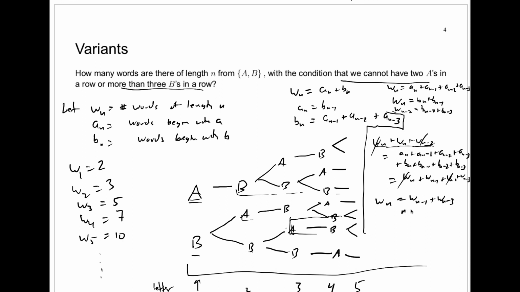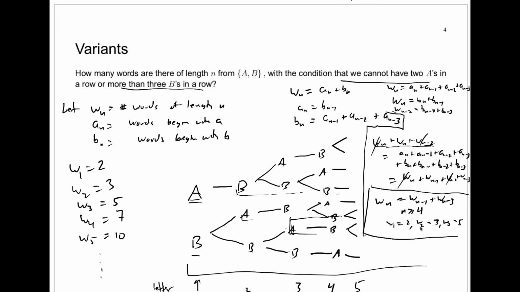This will be true for all n which are at least 4. And if we combine this with the fact that we know w1 equals 2, w2 is 3, and w3 is 5, this recursion relation will define the sequence entirely.